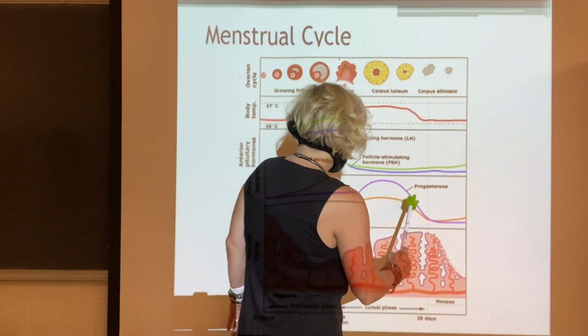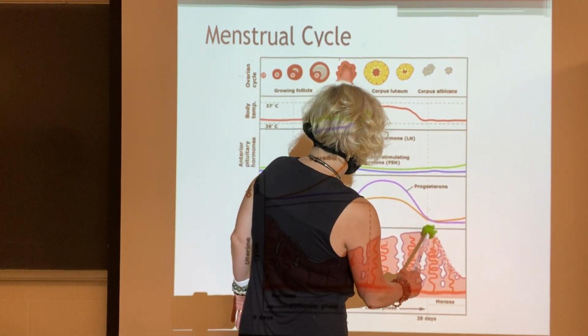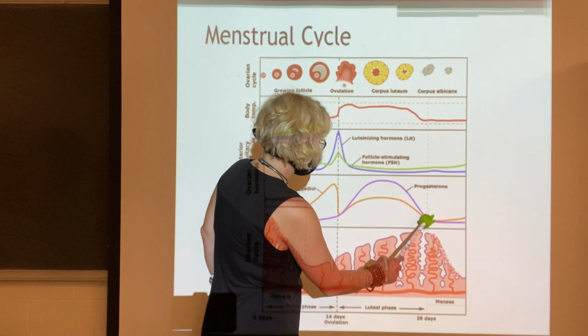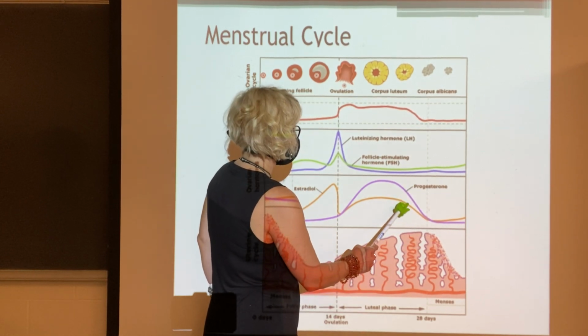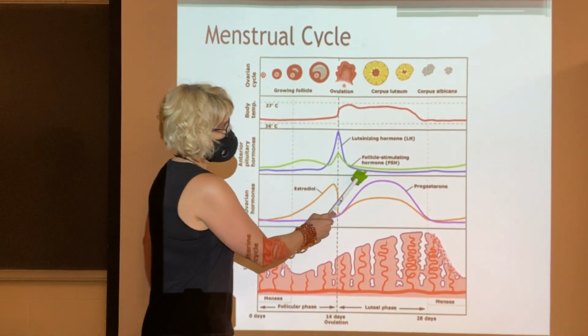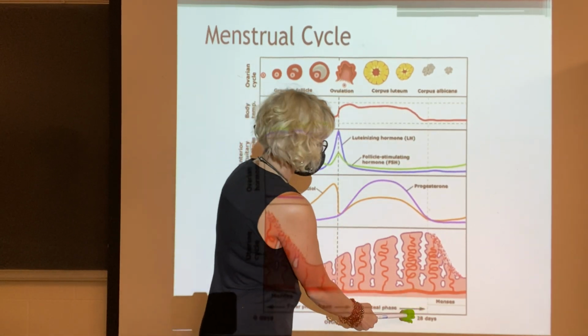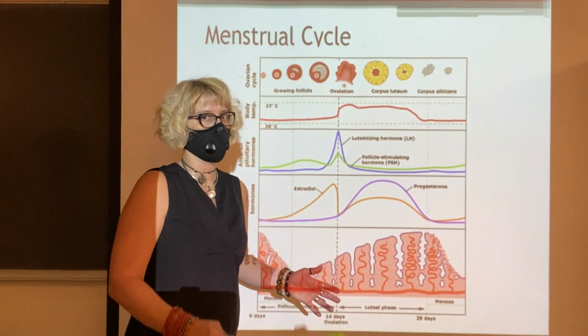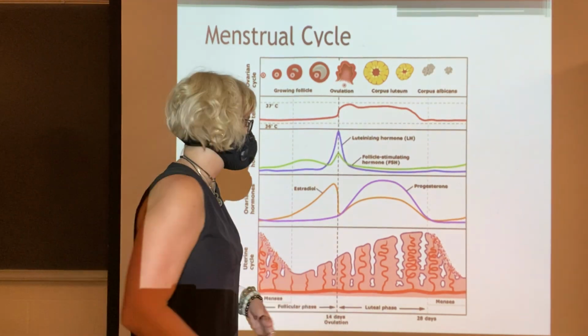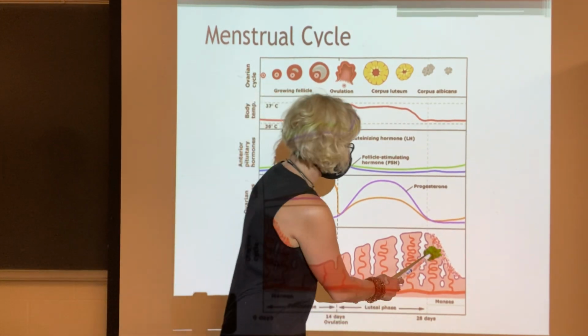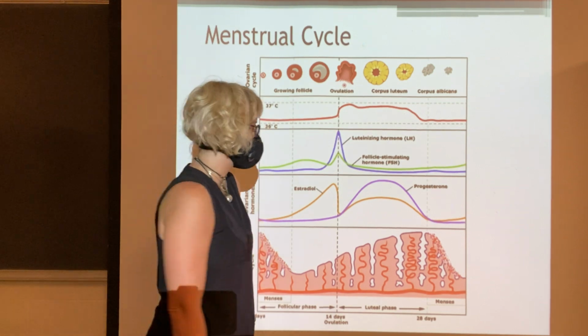And then by 28 days, everything shuts down. Progesterone drops, estrogen drops, FSH and LH have already dropped a long time ago, so everything drops. That's what contributes to day 25 to day 28 PMS. And then, of course, the sloughing off is the menstrual cramps.